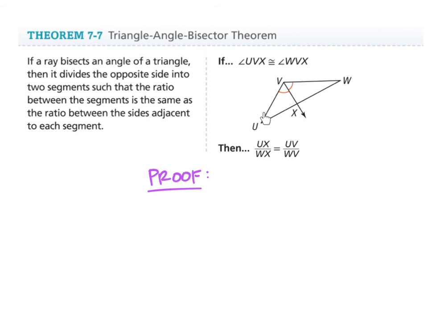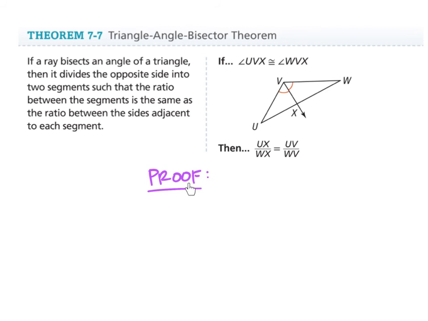The third side of the triangle is divided in a way that's proportional to the two sides of the triangle that make the angle that got bisected. So the ratio of UX over WX is equal to the ratio of UV over WV. These two in a ratio equal these two in a ratio. And that's called the triangle angle bisector theorem.